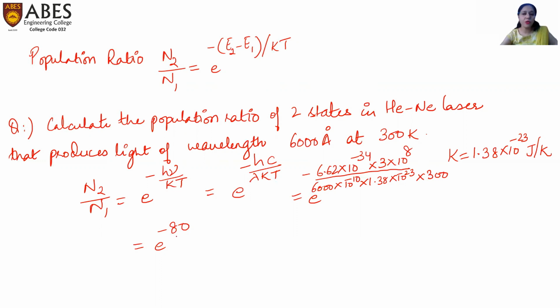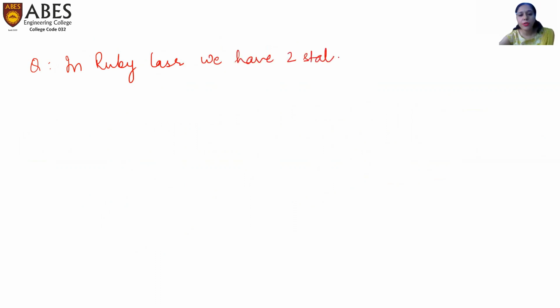Now coming to the next question. This time in a ruby laser, we have two states, at 27 degrees Celsius and 227 degrees Celsius. So we have to convert this into Kelvin.